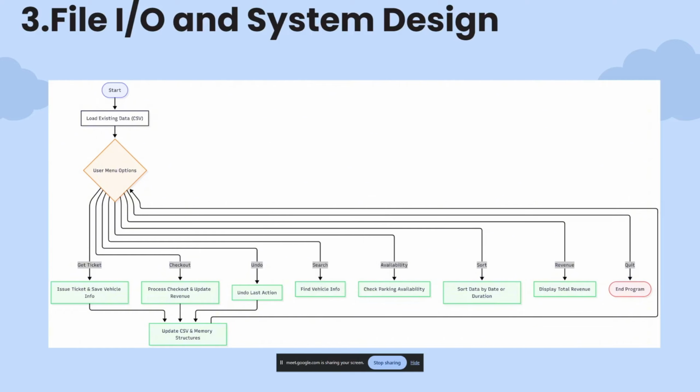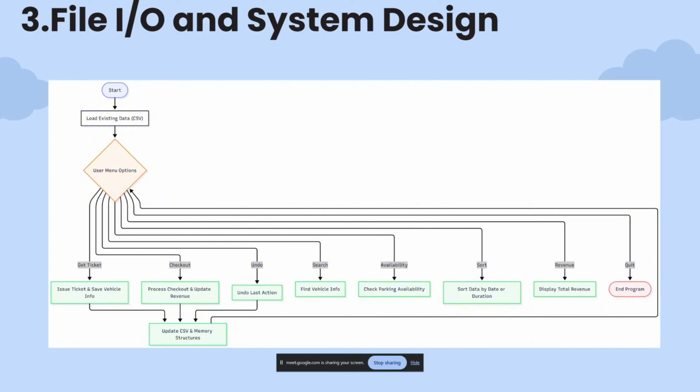And for the next, we have undo. When you get your ticket and you type your plate number wrong, you could immediately undo it and retype it. The last line of the information that you filled in will be deleted from the CSV and you could input again.